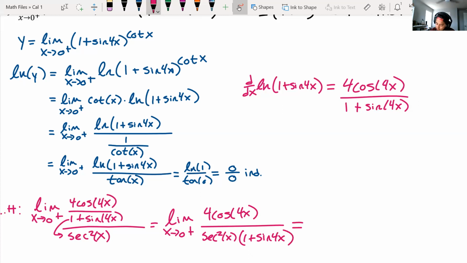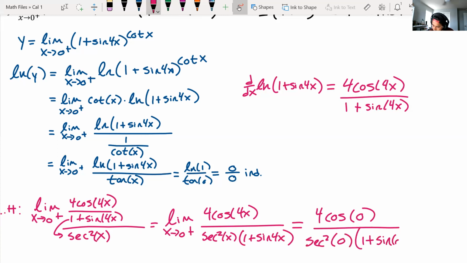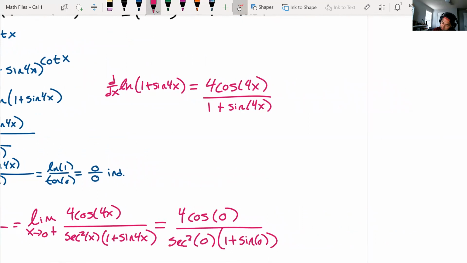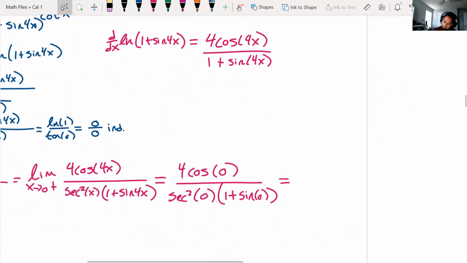So if I plug in 0, I get 4 cosine of 0 over secant squared of 0 times 1 plus the sine of 0. All right. And what is cosine at 0? 1. So that's just 4.